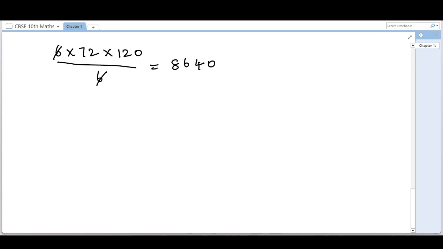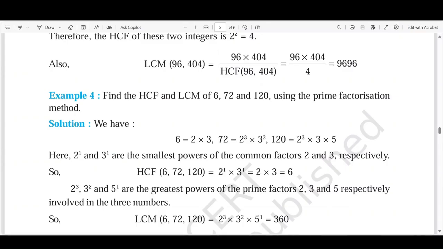Okay, let us determine the LCM in the usual way. To determine the LCM, we have to select the greatest powers of the prime factors of the given numbers. So, the greatest powers of the prime factors are here 2 power 3, 3 square and 5.